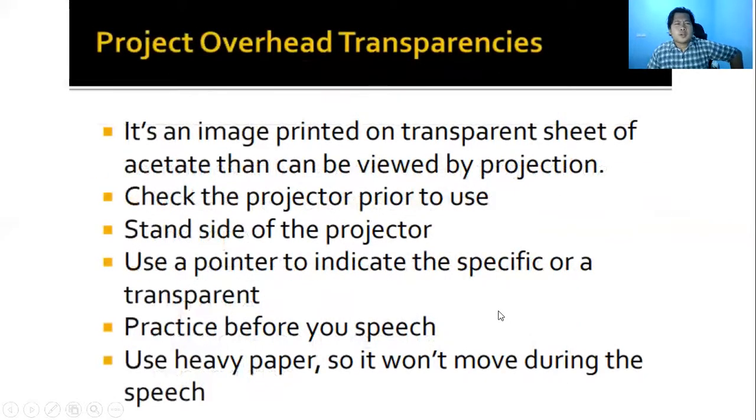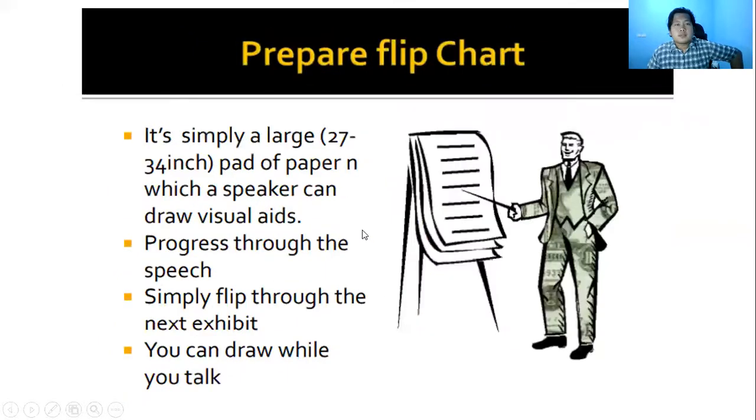Overhead projector or overhead transparencies, we do not use them anymore because we have the LCD projector. So let's move on. I thought this is a traditional one, the flip chart. If you have experience reporting before the lockdown began, before this new normal, we used Manila paper and then posted it on the board, and that's it.